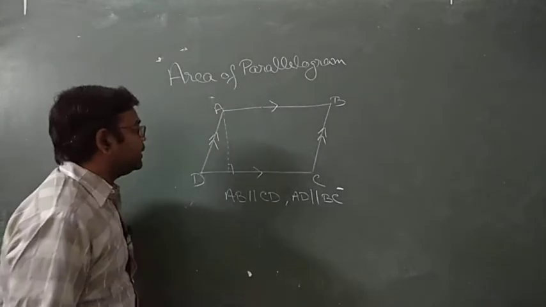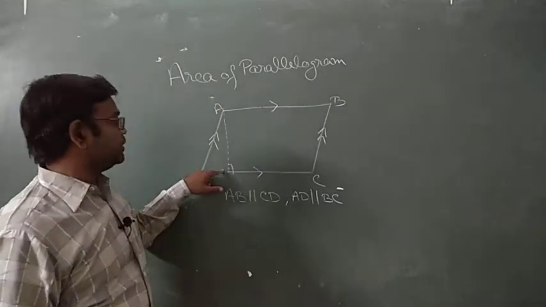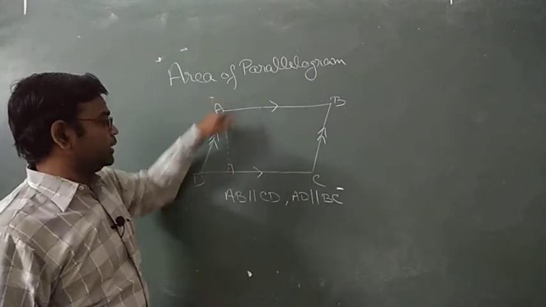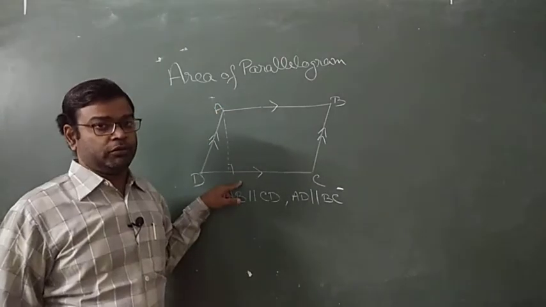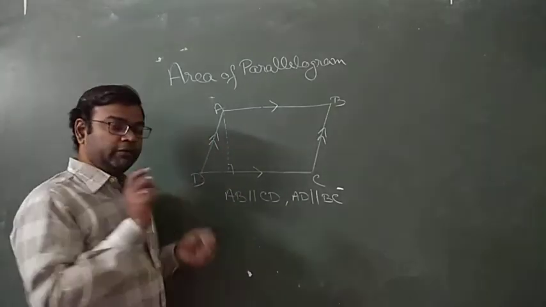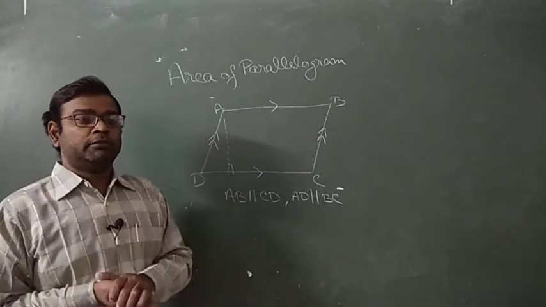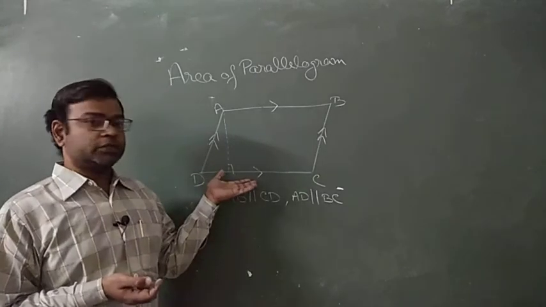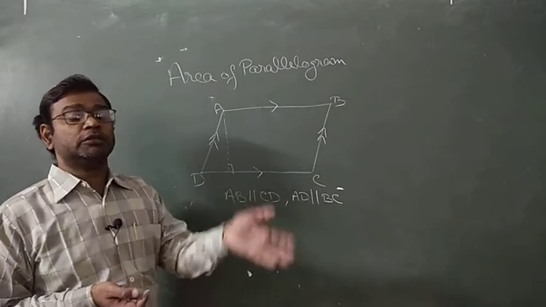Since we are finding the perpendicular distance between these two lines, one of these two lines acts as the base of the parallelogram. Clear? Remember, again I'm explaining to you.